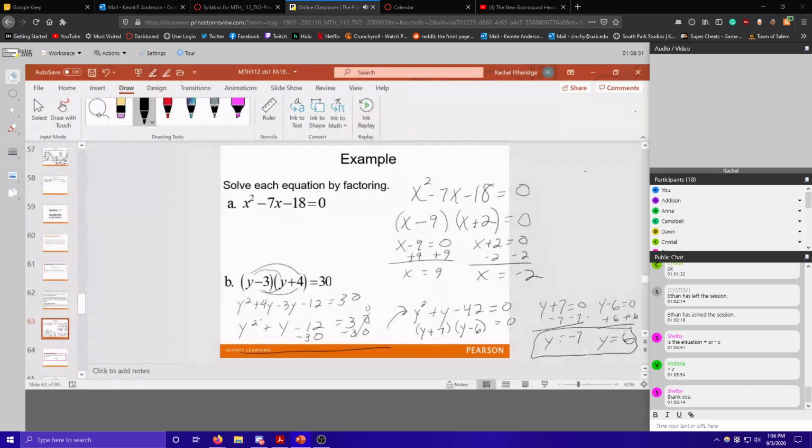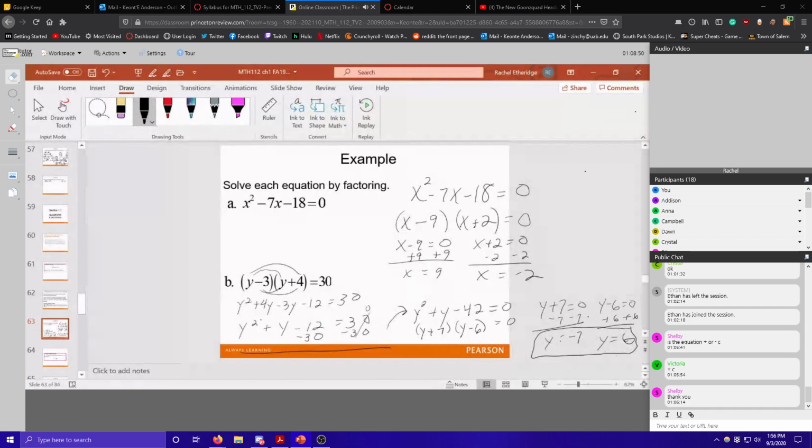Let me re-emphasize, you cannot be shy about telling me that you struggle with factoring, because you're going to use factoring for the rest of this course in different areas. So please don't go from here saying, oh, I don't know if I can factor or not.